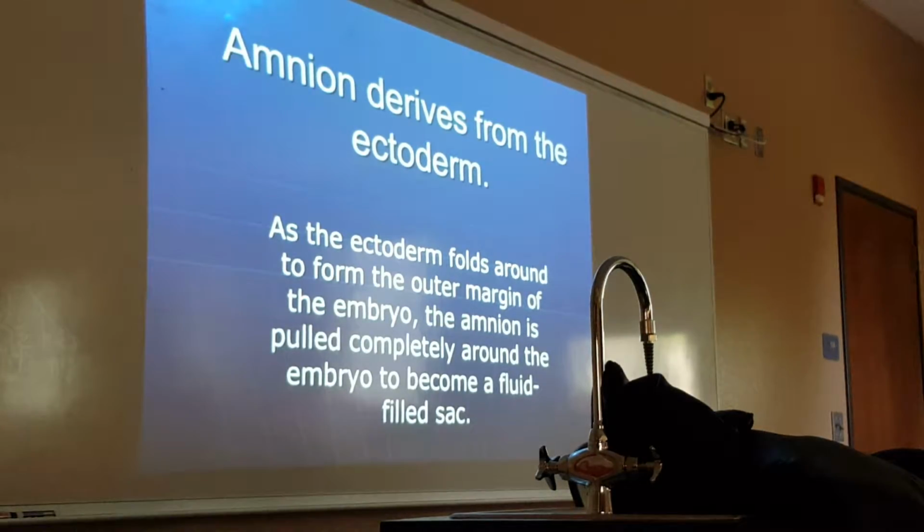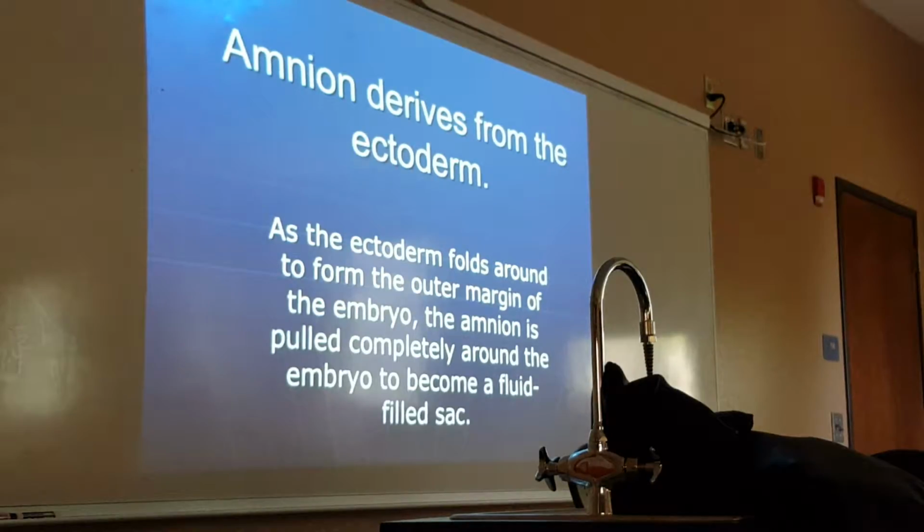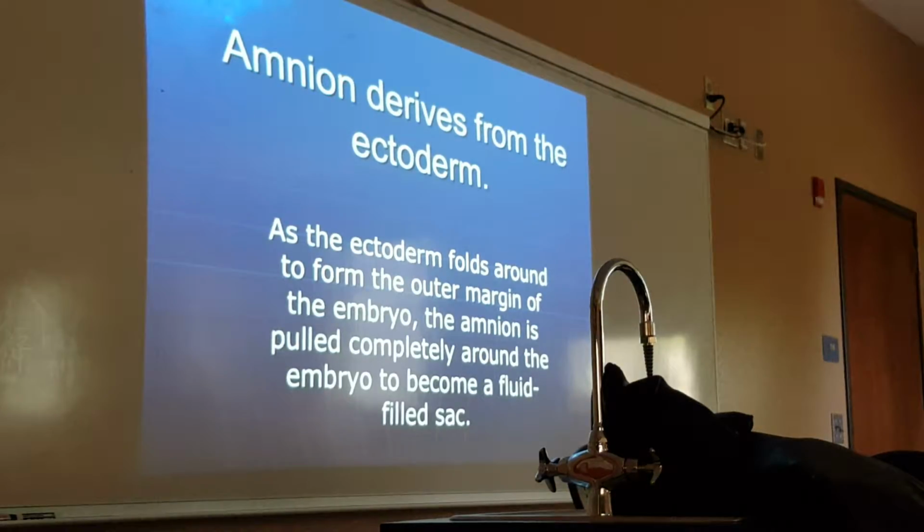And of course you've got the amnion attached to the ectoderm, and as the whole thing folds around like that to form a tube within a tube, the amnion is pulled around the entire organism, isn't it? Because it attaches right here, and so as we fold it around, the amnion's pulled around the entire organism, and so totally surrounds and engulfs. Everything is inside it except for the chorion.